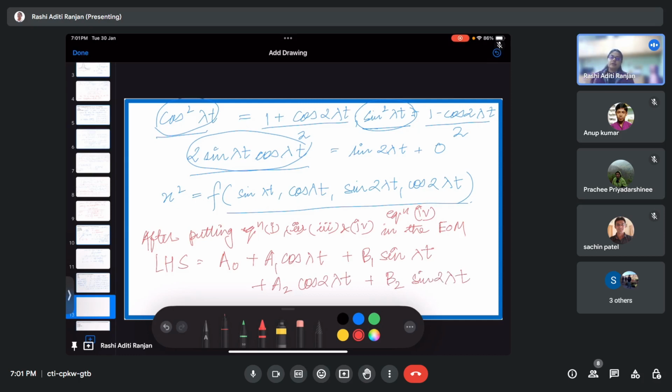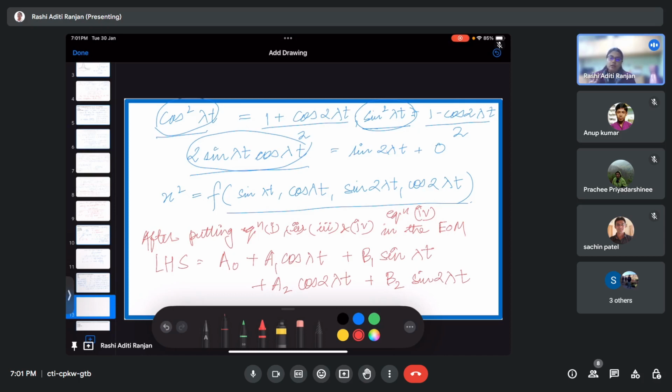Is it clear to everyone, or does anyone have any doubt in it? I have not explained the whole mathematical form, not gone into the equation, but I've tried explaining what I'm trying to do here. These A naught, A1, B1, A2, B2 are all going to be a function of small a naught, small a1, small b1.